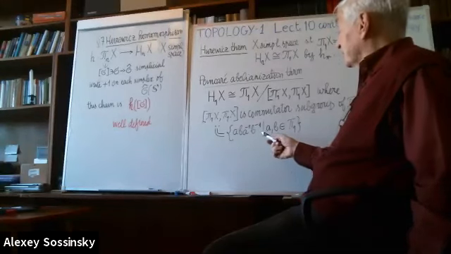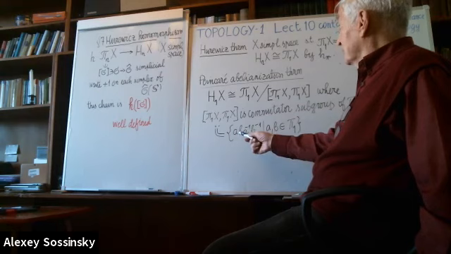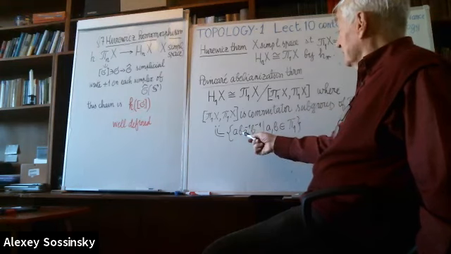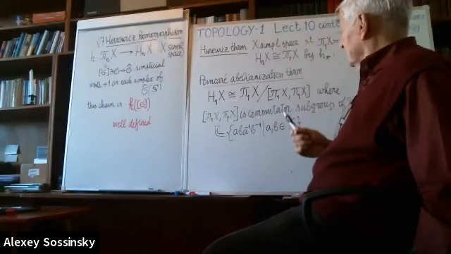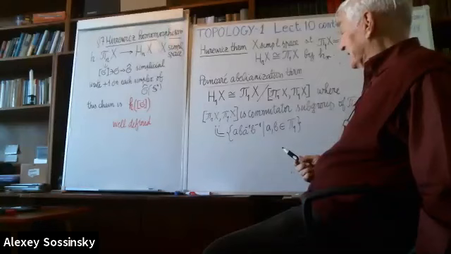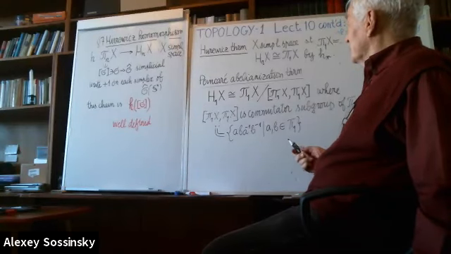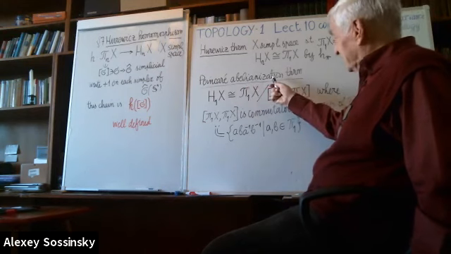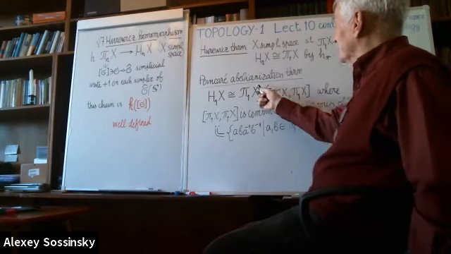Or another way of putting it, this expression is equal to 0 if and only if a and b commute. So we are canceling out, so to speak, those elements that do not commute. So we're Abelianizing the group π1 of X.